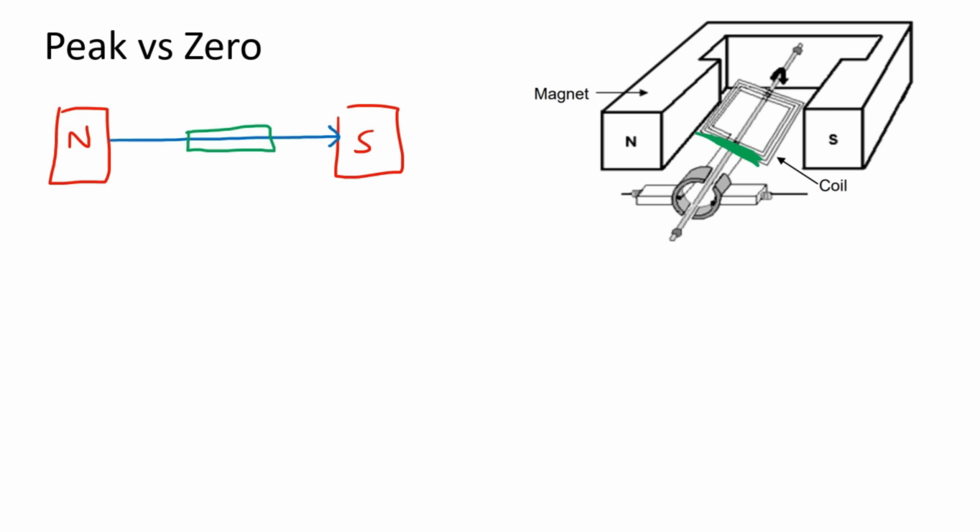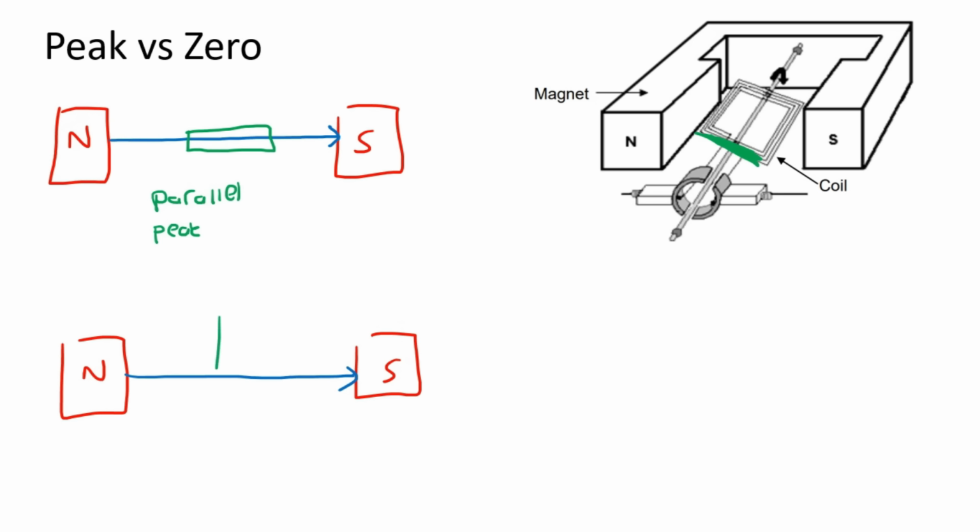I call this the parallel. Now when it starts parallel, that is a peak. But then other times, it might start perpendicular. So at other times, it might be like this. And that is called perpendicular, 90 degrees. You see what I mean? There's like a little 90 there. So perpendicular, if it's like that, then that is a zero position. So just make sure you've got all of that.